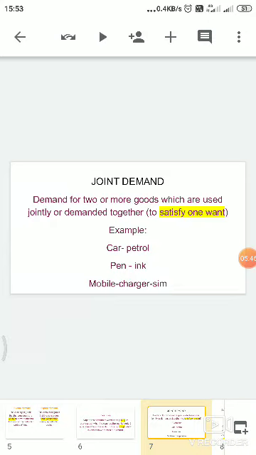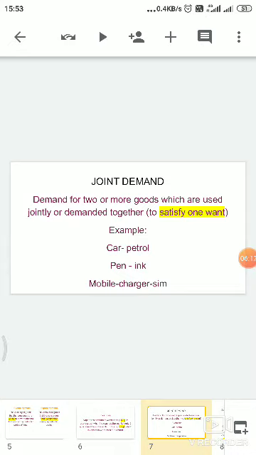Now, next we come to joint demand. Demand for 2 or more goods which are used jointly or demanded together is called joint demand. Such goods usually satisfy one want. For example, you want to write. So, for writing, you need a pen, and to let the pen work, you need the ink. So, pen and ink are demanded together.